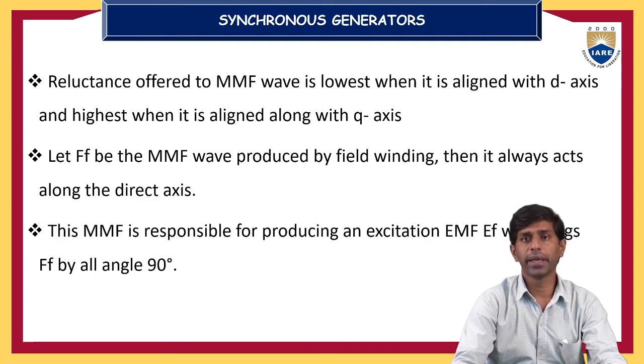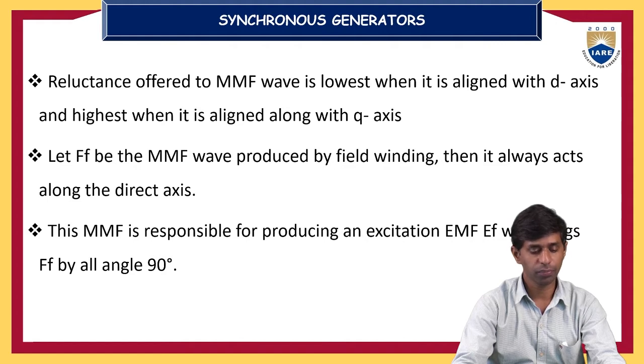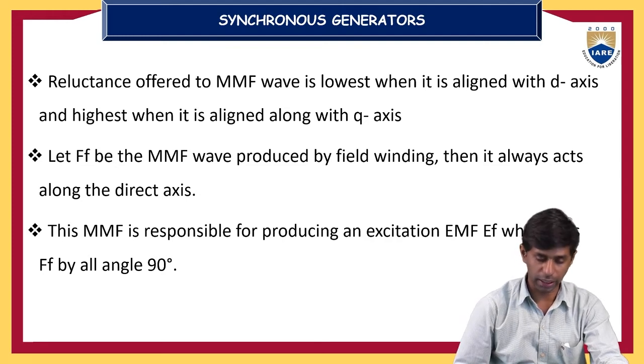Let Ff be the MMF wave produced by the field winding; it always acts along the direct axis. This MMF is responsible for producing an excitation EMF, that is Ef, which lags Ff by 90 degrees.